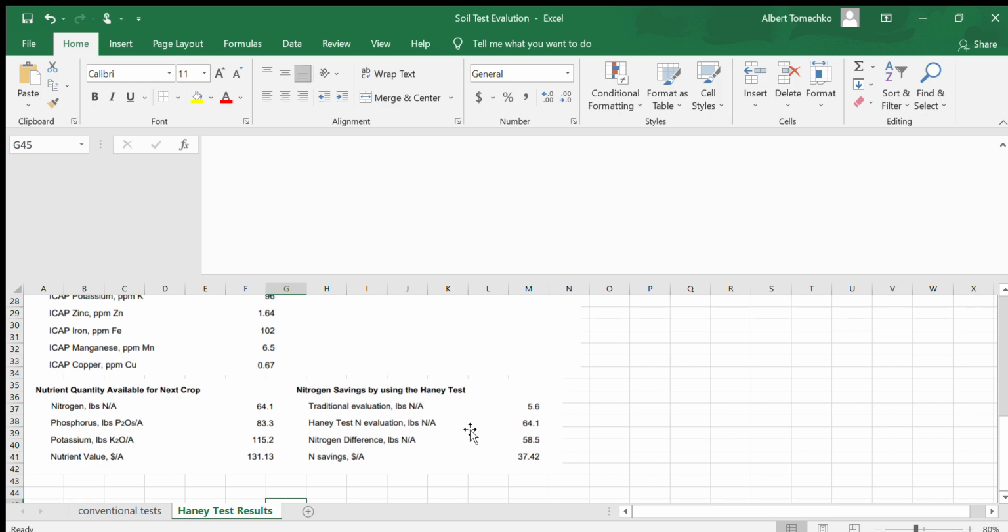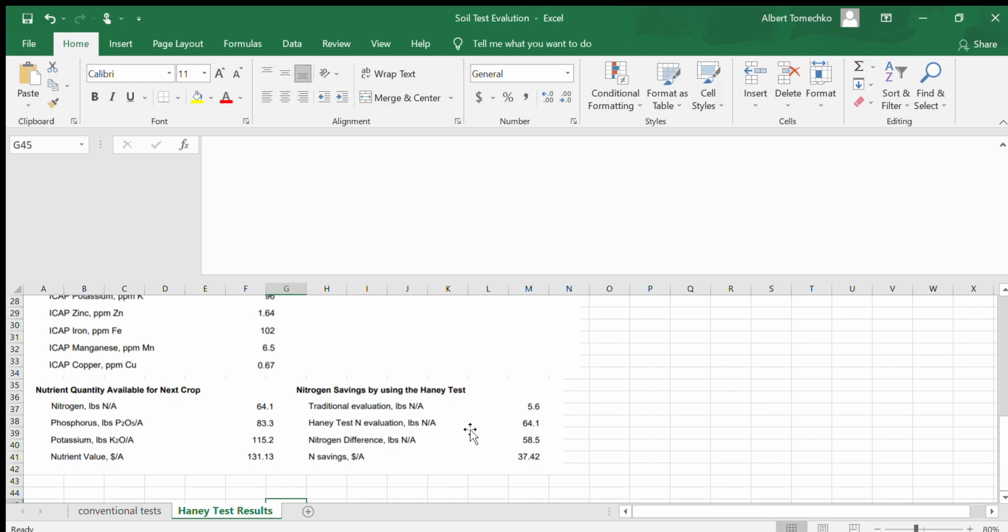So the last thing I want to touch on is nutrient quantity available for the next crop. This is really where it gets interesting, right? To me, this is the meat and potatoes of the entire Haney Soil Test.